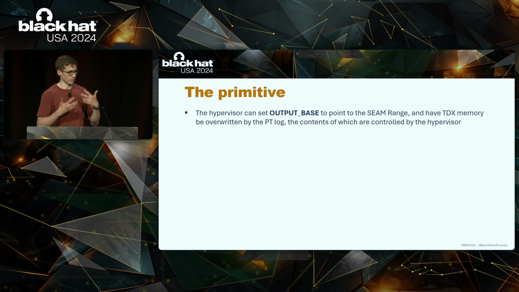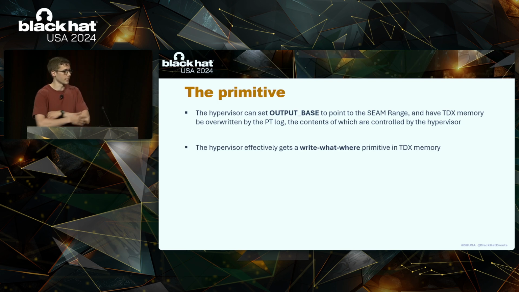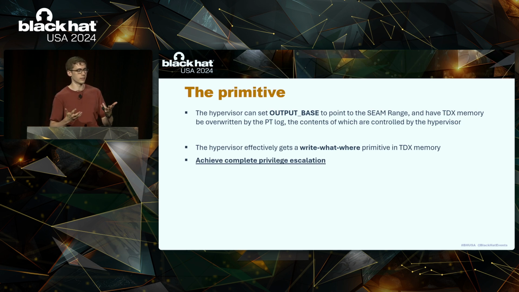The log, the contents of which are also controlled by the hypervisor. So it means that the hypervisor effectively has a write-what-where primitive into the TDX memory. And therefore, it can achieve full privilege escalation because it can overwrite the instruction bytes of the TDX module and inject its own shellcode and its own backdoor.